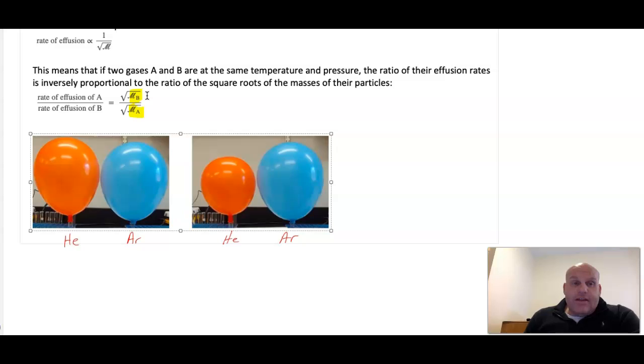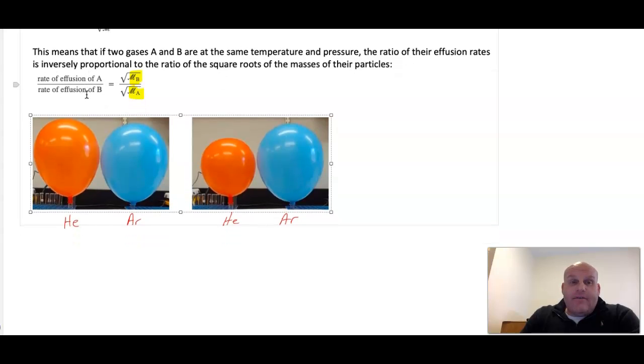Also, understand very qualitatively this relationship, which will allow us to predict the rate of effusion of gases based simply on their mass. All right, that's it for this last section of Chapter 8 on effusion and diffusion.